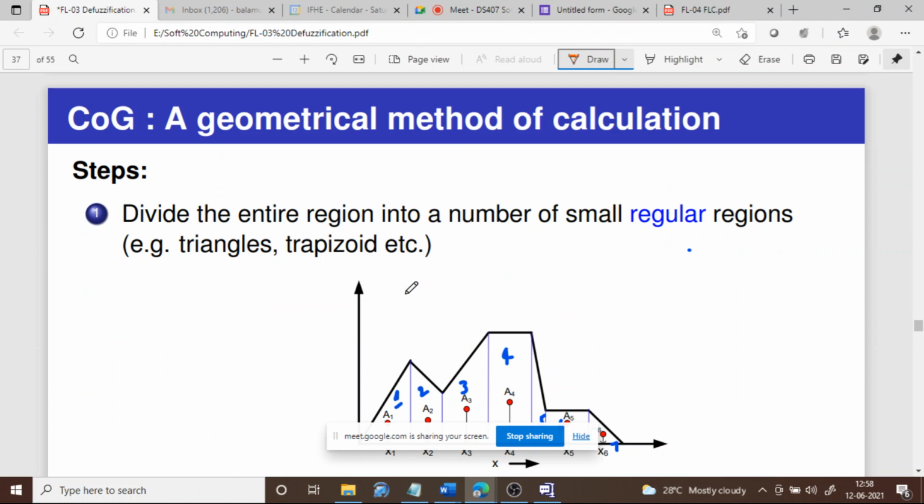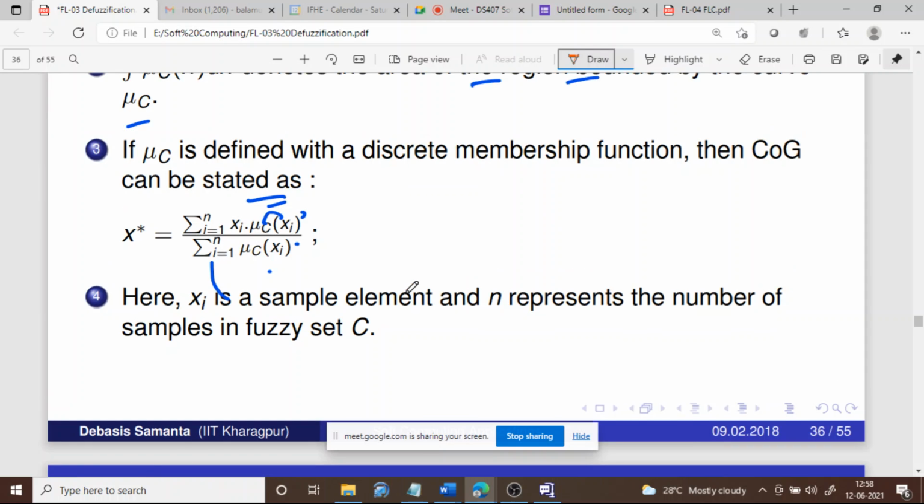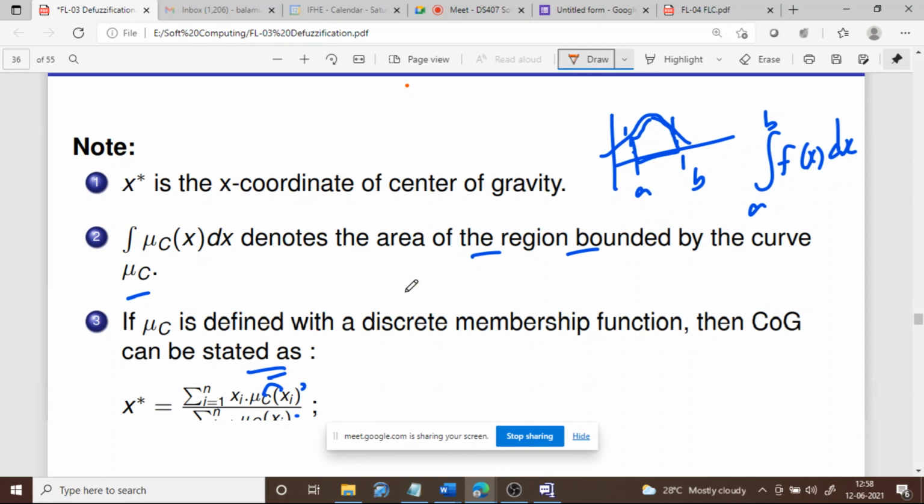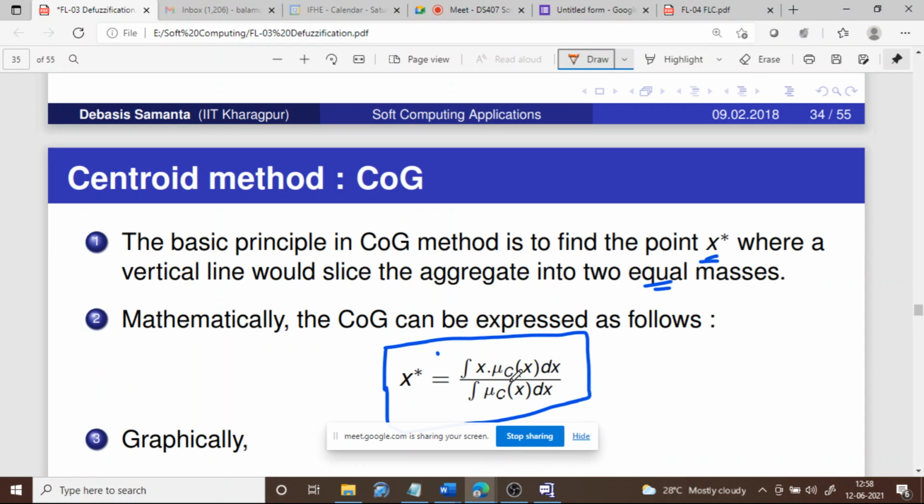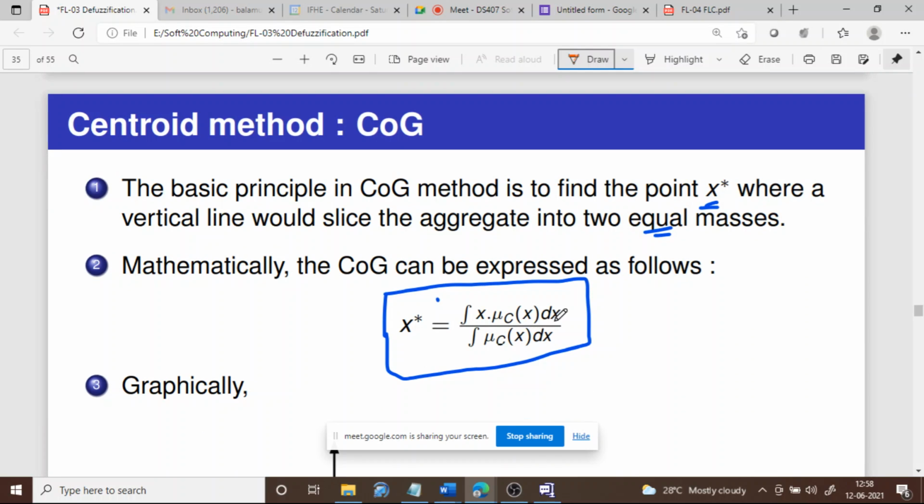If you recall, this is the formula: integration of x into the membership function of x dx, divided by integration of the membership function of x dx.